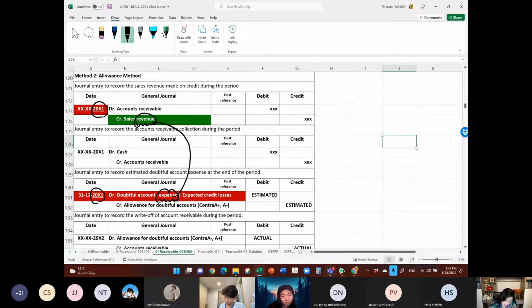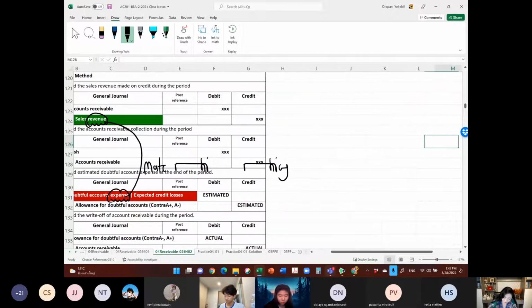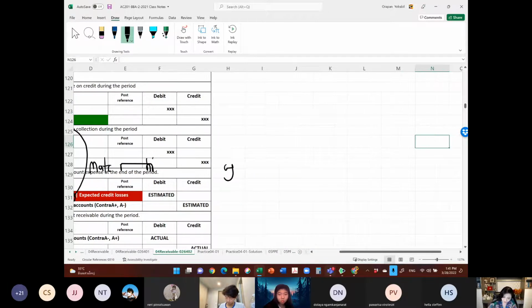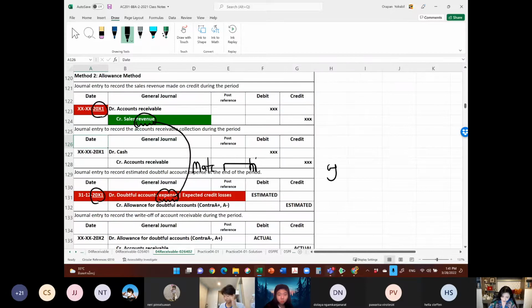This is matching. In accounting, we love the matching concept. The revenue and the related expenses should be recorded in the same period.